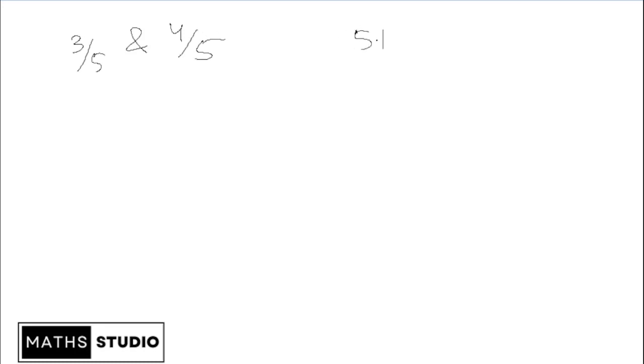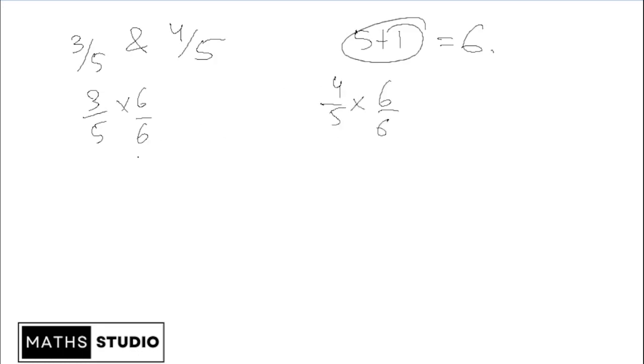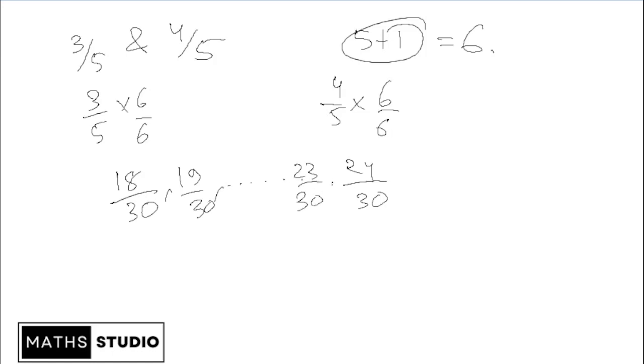So 5 plus 1 is 6. What we'll do? 3 by 5 into 6 by 6 and 4 by 5 into 6 by 6. What will we get? We'll get 18 by 30, and here we are getting 24 by 30. Again same thing, 19 by 30 till 23 by 30. So these are the 5 rational numbers between them.